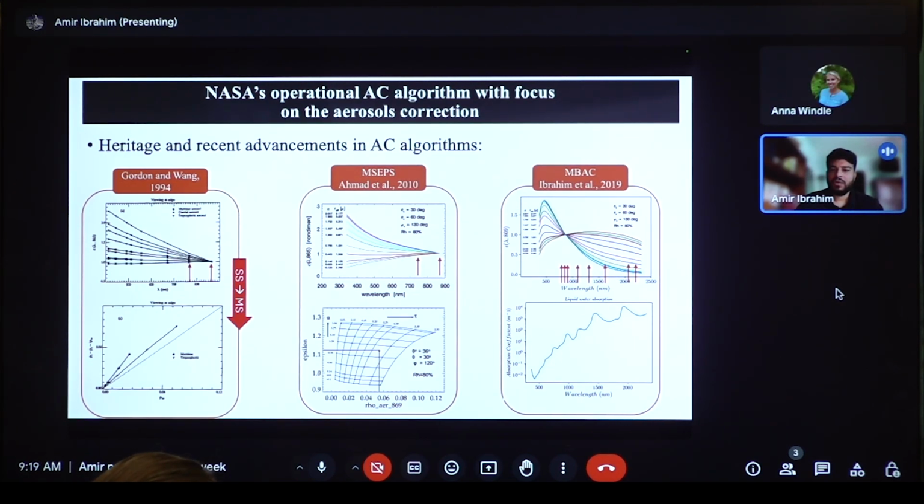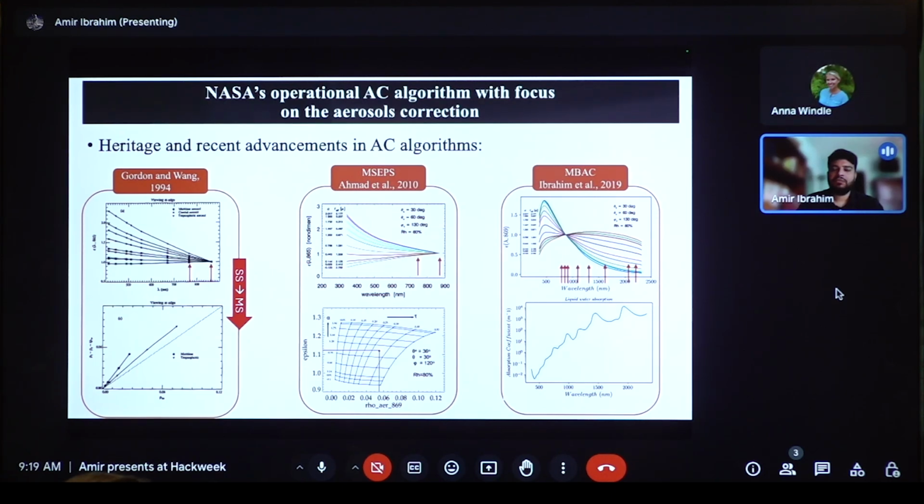If we know how to model the surface glint and the Rayleigh contribution and remove that, whatever is left is primarily coming from the aerosol signal. So the Gordon-Wang and MSEPS approaches use two bands in the near infrared to infer information about the aerosol concentration, get the aerosol signal, and remove it from the top of the atmosphere to get to the water leaving reflectance.